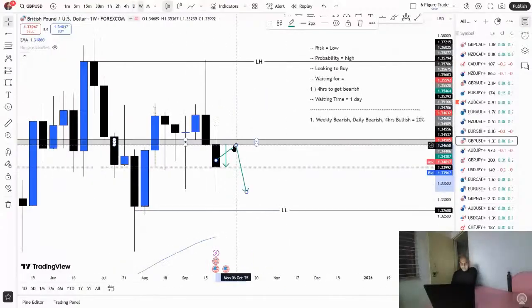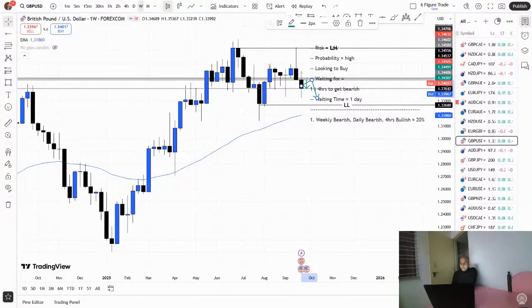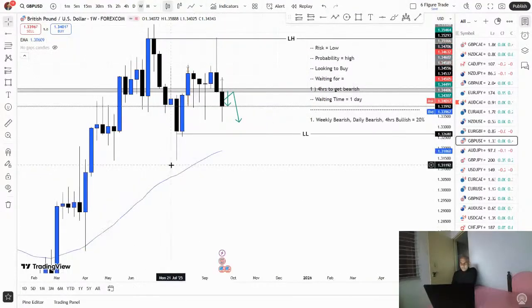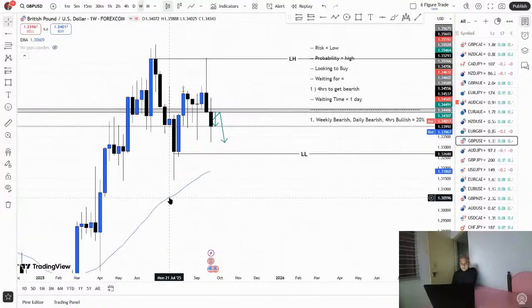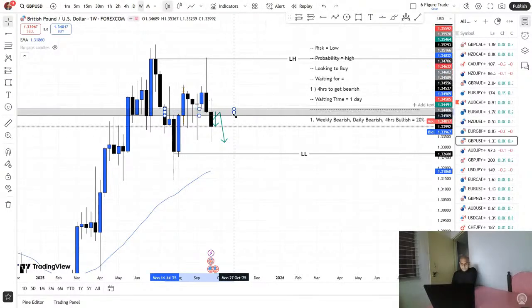But what is the probability that it is going to do this? Very much low. Certainly, we can refine this more.